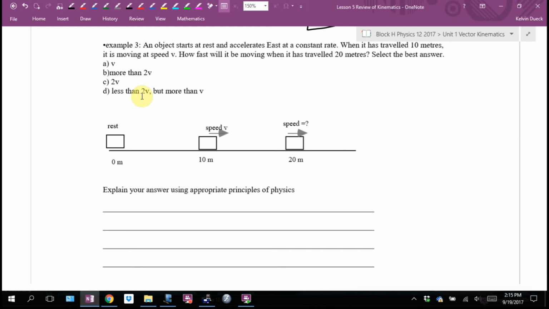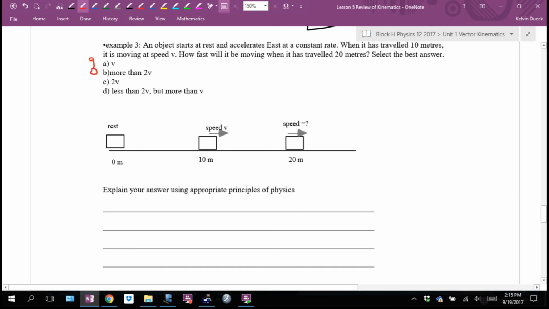Now's the time to vote. Who says A? 1, 2, 3, 4, 5, 6, 7, 8, 9. You did this. Okay. Because I've seen all those tricks before. Who says B, more than twice as fast? No one.